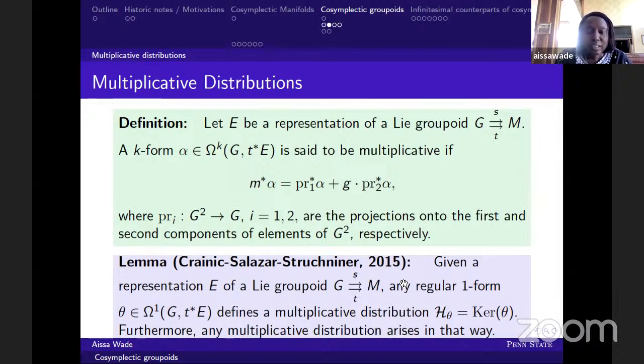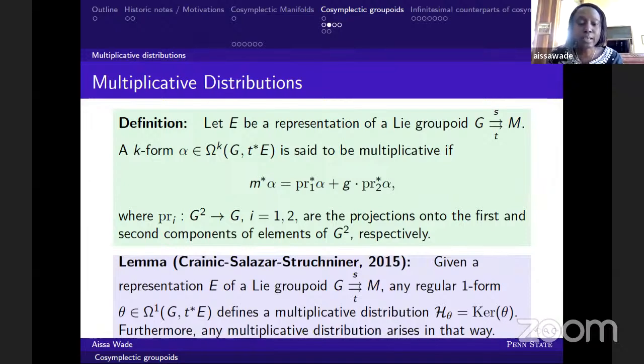That tells us that if I'm given a representation, which I call E, and I take a one form theta on G with values in T star E, then this one form will define a multiplicative distribution, which is just the kernel of theta.